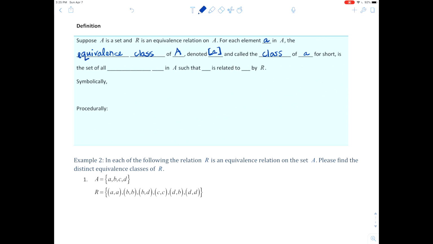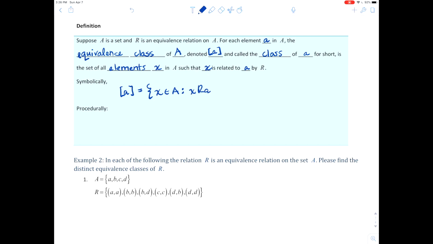It's the set of all elements X that are in the set A, such that X is related to A by the equivalence relation on A. So, symbolically, the class of A is equal to X belongs to A, such that X R A.